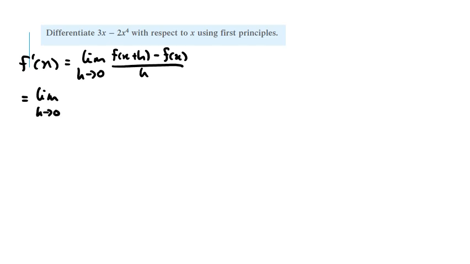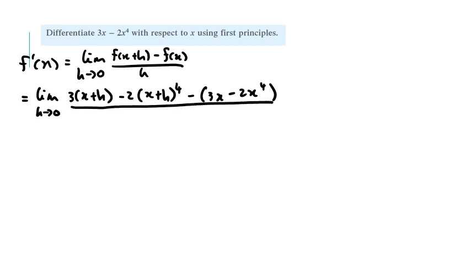So f of x plus h, we're going to put 3 times x plus h minus 2 times x plus h to the power 4, minus, in brackets, don't forget the brackets for the last one, 3x minus 2x to the power 4, all over h. Now, anyone remember what's the rule for figuring out higher powers? Pascal's triangle.